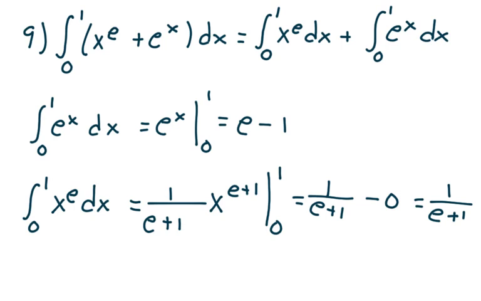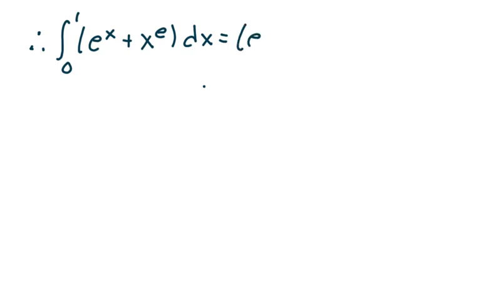Now we get to put it together. The integral from 0 to 1 of e to the x plus x to the e dx is e minus 1 plus 1 over e plus 1. Now, as an instructor, I would want a common denominator, okay? The common denominator is e plus 1.